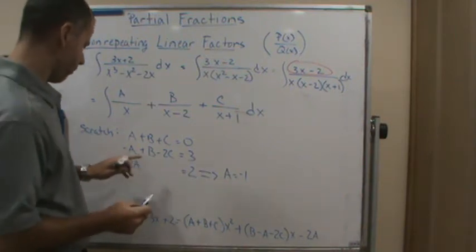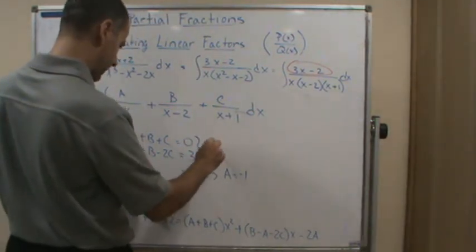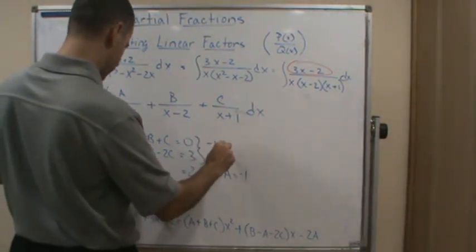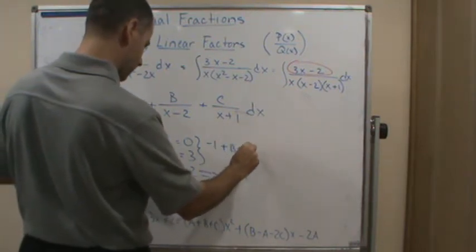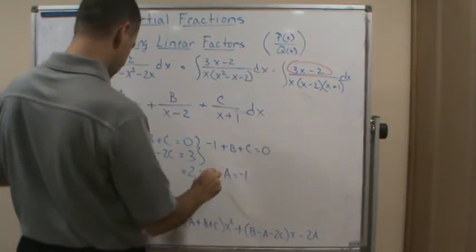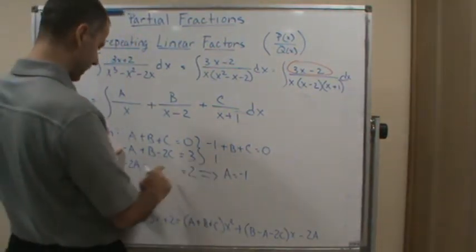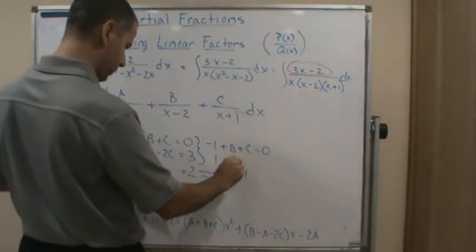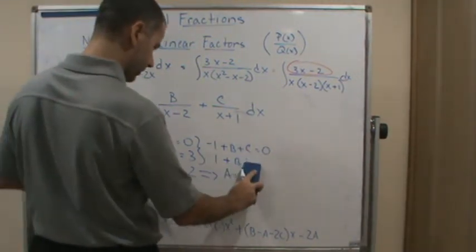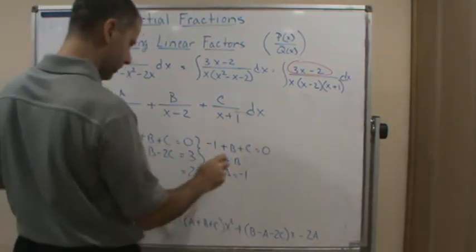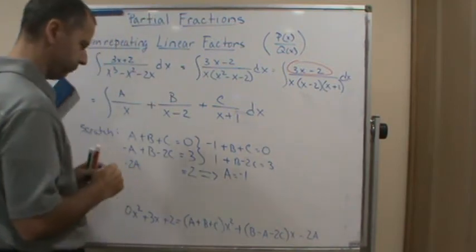So now I'm going to write these two as negative 1 plus b plus c equals 0. And this is going to be positive 1 because it's minus a. So minus the negative 1 is positive 1 plus b minus 2c equals 3.